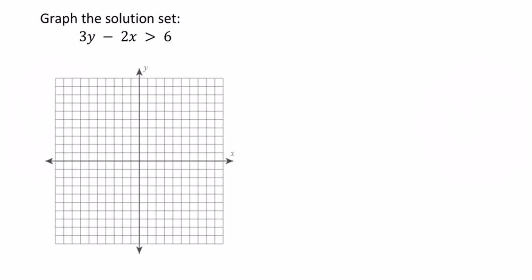Graph the solution set 3y minus 2x is greater than 6. So here we need to solve for y first. So we have 3y minus 2x is greater than 6.